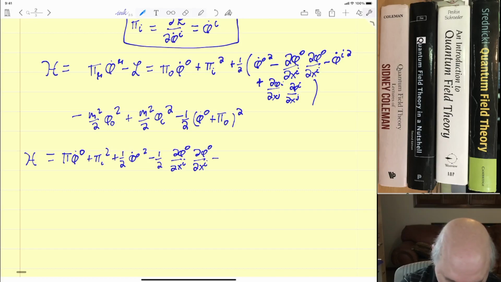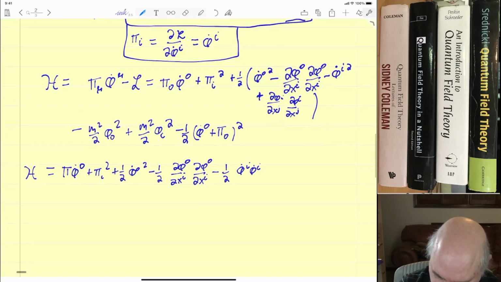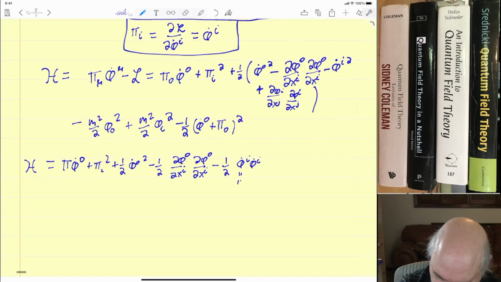I have minus 1/2 phi dot I, that's the phi I squared. And notice from this boxed equation just above us, phi dot I is equal to pi I.